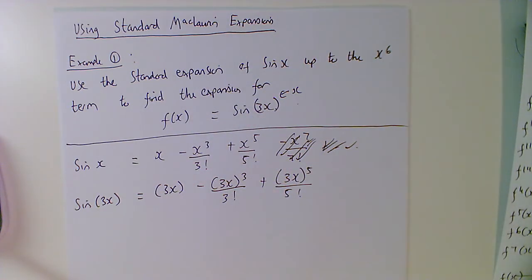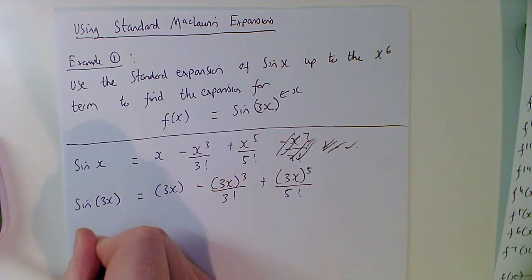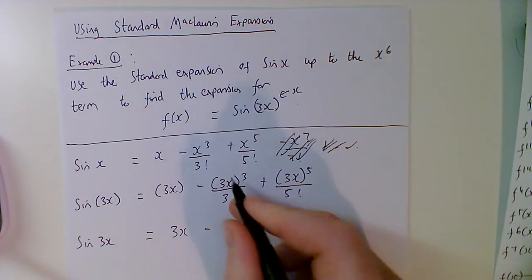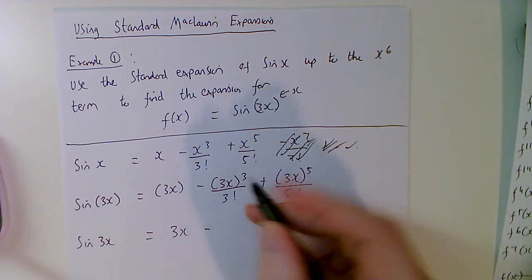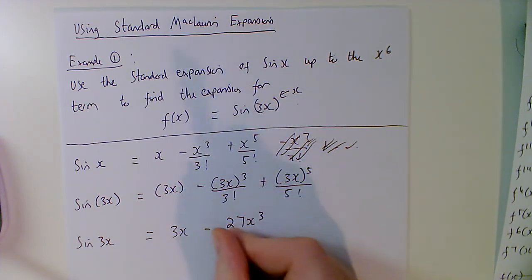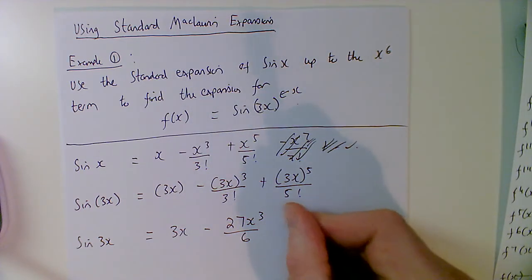Like that. And now I've got the Maclaurin expansion up to the x to the power of 6 term for sin 3x. I'm just going to simplify it though. That's 3x. Remember you've got to cube the 3 and the x, that would be 27x cubed over 6.